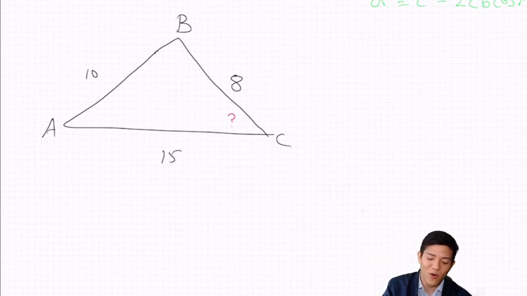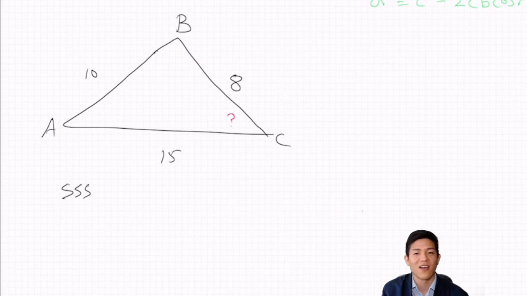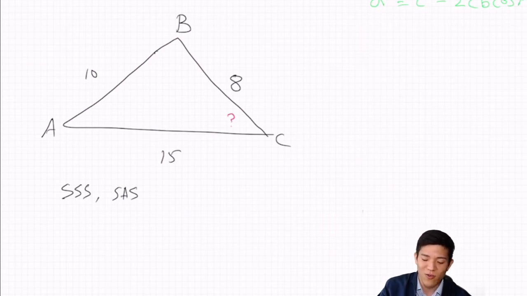When you only have three side lengths or an SAS situation, which is the second example, you have to use the law of cosine because the law of sine cannot work here. So here we have three sides and the angle in question. So we just need to simply plug it into our law of cosine equation. Since that is the angle we want to find, angle C, we have to use cosine of C.